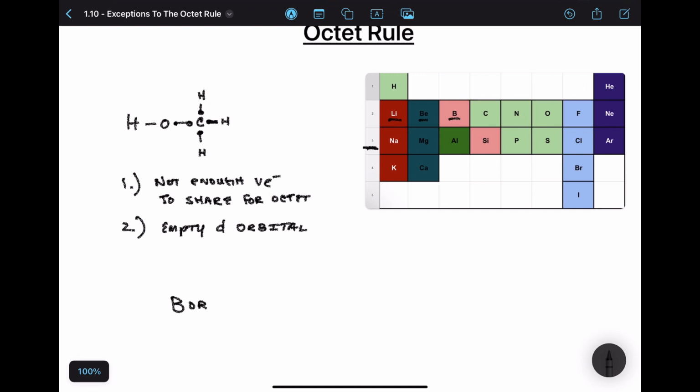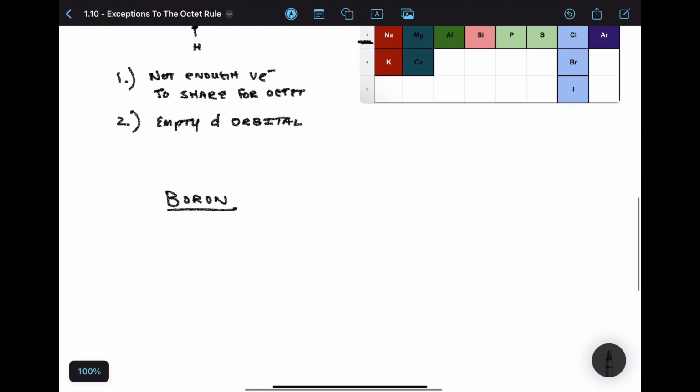And so we're going to write boron here. And so we'll draw the atom and 3 valence electrons. Now, if I have 3 valence electrons, I can only share those 3 with other atoms. And so if I, for instance, share it with hydrogens, hydrogen will get its duet.